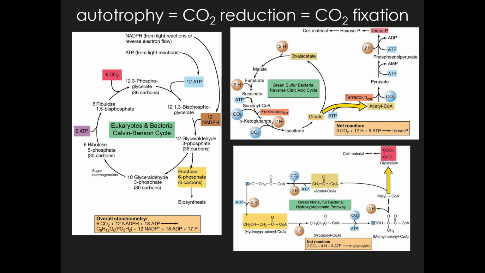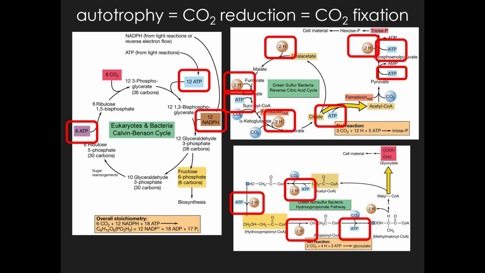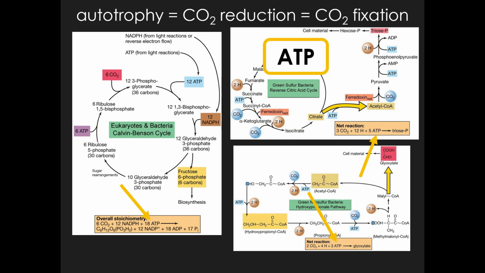So what all of these have in common is that they take CO2 and, utilizing a lot of electrons and a lot of ATP, they convert those CO2 molecules into organic molecules. They all need ATP.